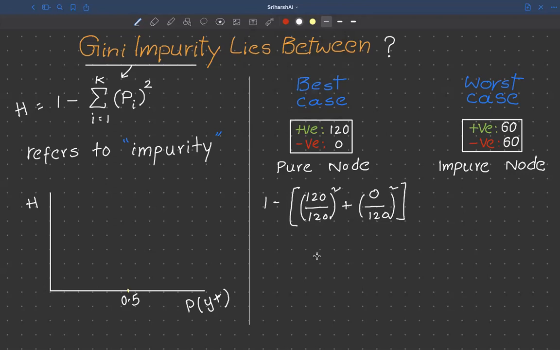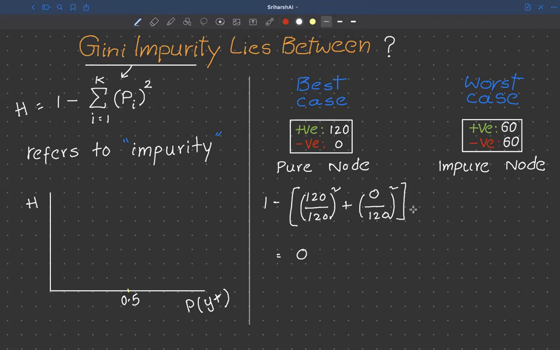If you break this down, we'll get the value as 0. As you can see here, the node is very pure, so it's obvious that the impurity will be very low. So similar to entropy, the minimum value for Gini impurity is also 0.